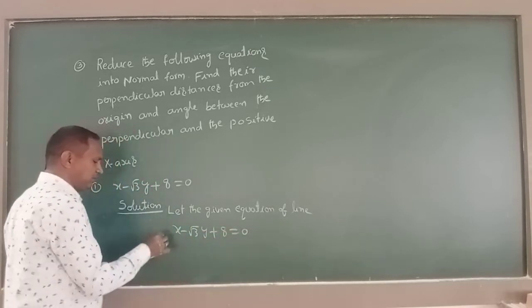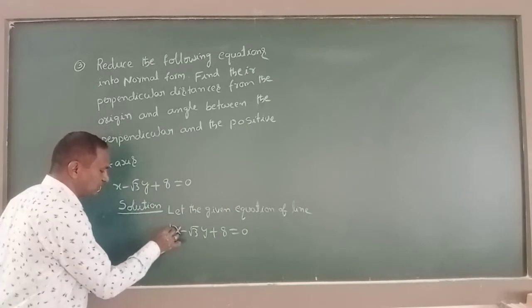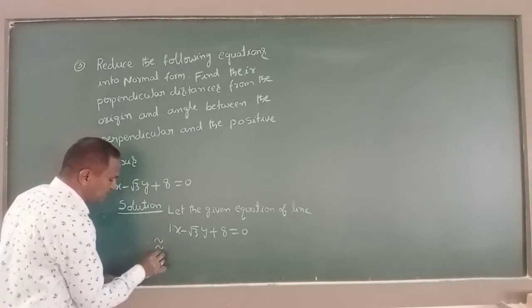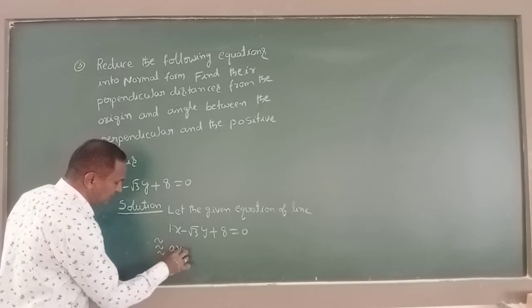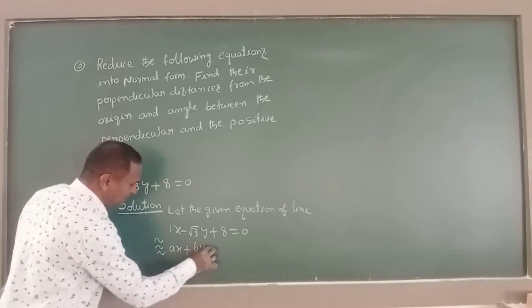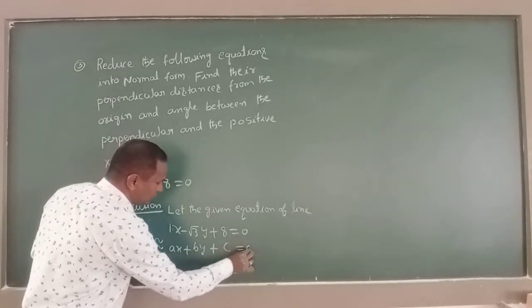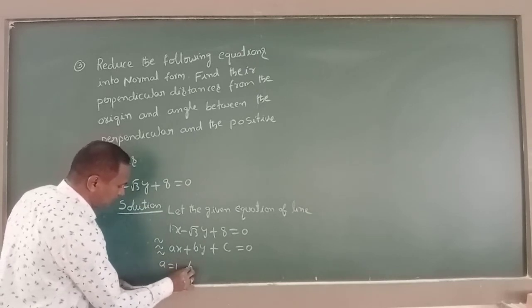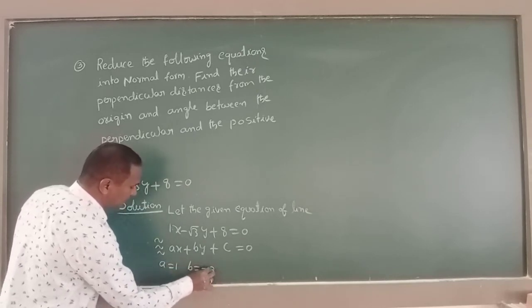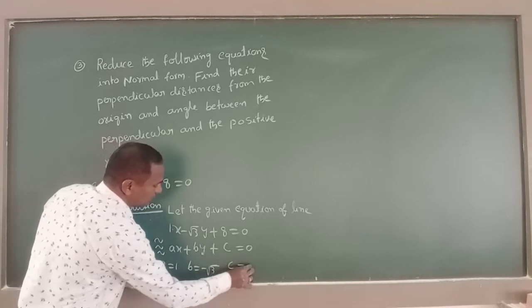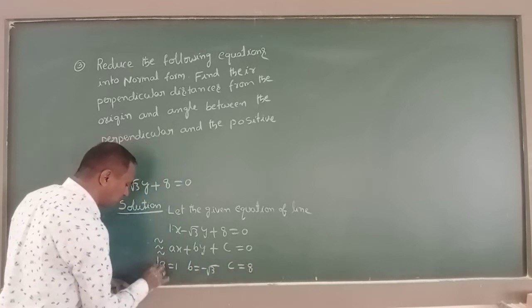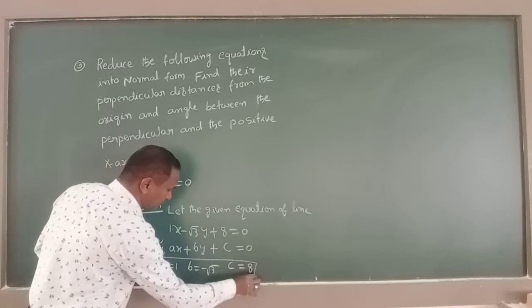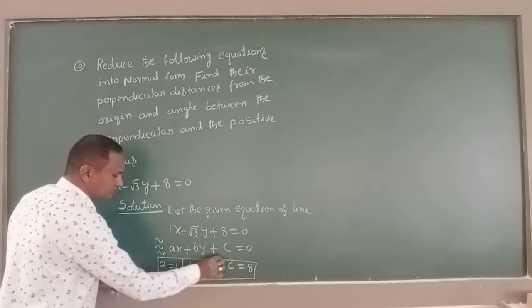If there is nothing written, just consider it as 1. Now comparing with ax plus by plus c is equal to 0, a is equal to 1, b is equal to minus root 3 and c is equal to 8. We got three values here.